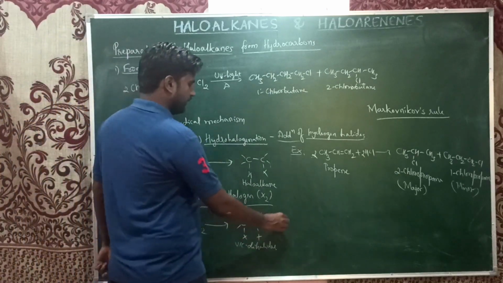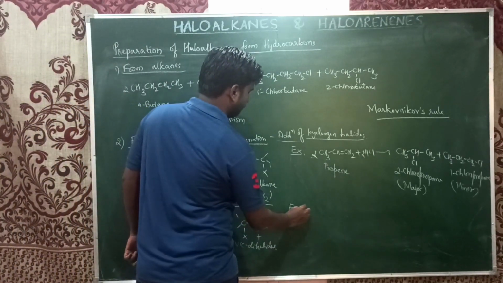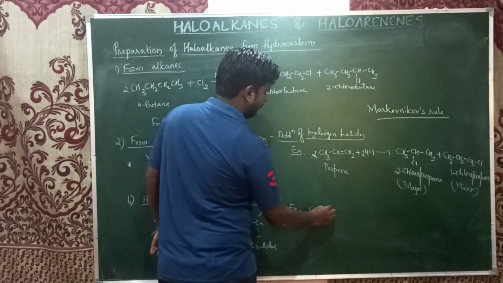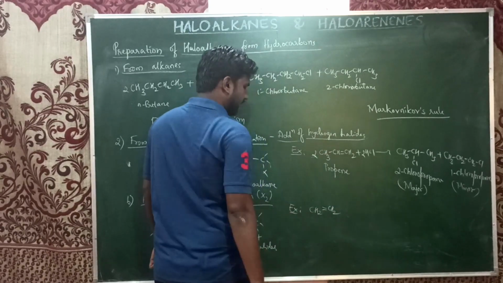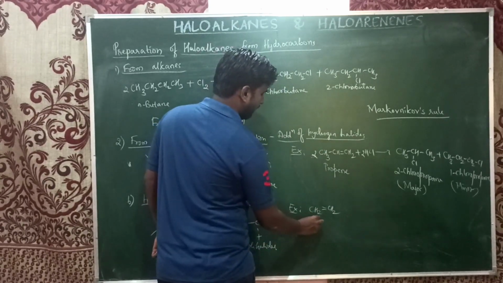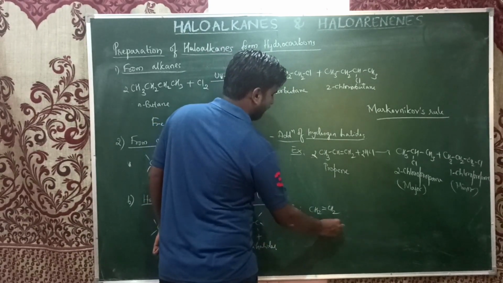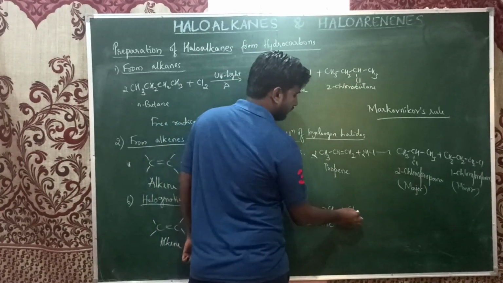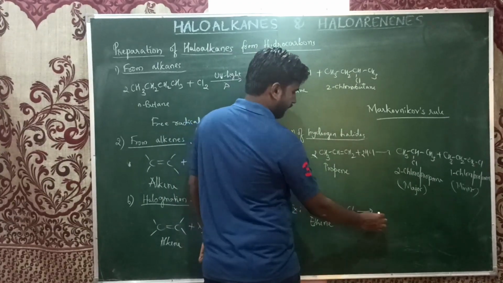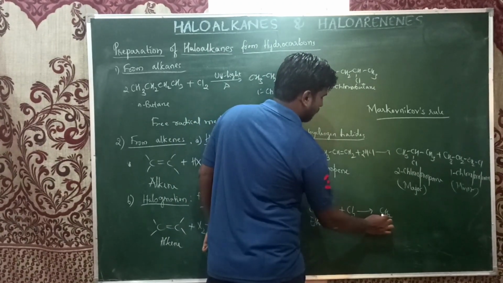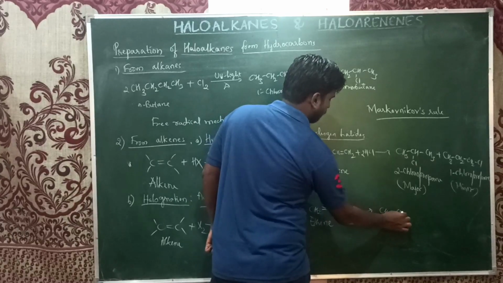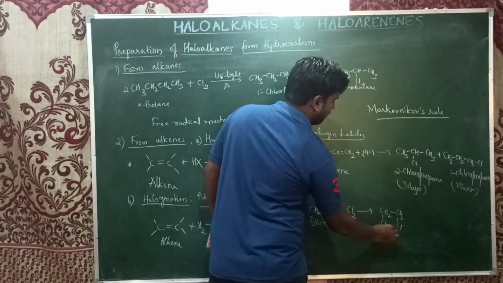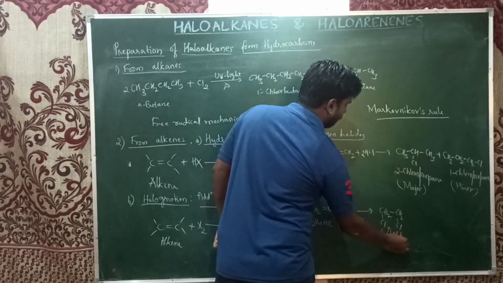Let us see an example. CH2=CH2, the common name is ethylene and the IUPAC name is ethene. When it undergoes halogenation, chlorination, it gives us CH2Cl-CH2Cl, that is 1,2-dichloroethane.